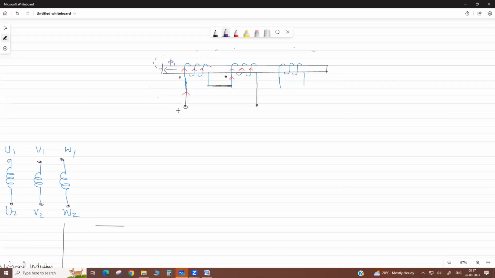The flux produced by the second coil, with current in the same direction, is phi 2. Both fluxes are in the same direction, so they aid, and the total flux in the core is aiding. Correct?